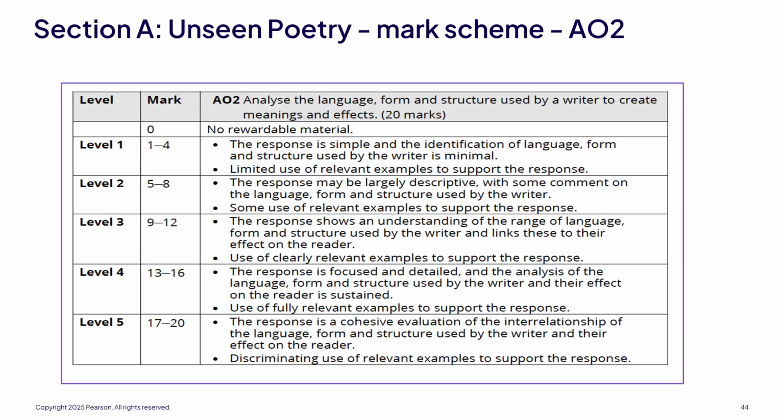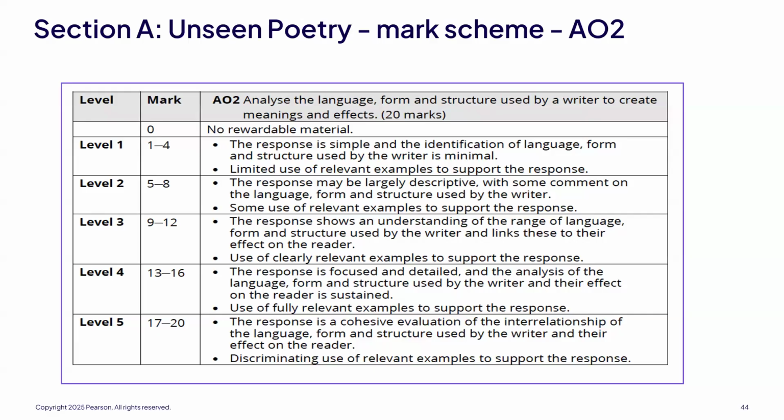If we look at the first bullet point, we can see how this moves up through the levels. Simple identification of language, form and structure is minimal in level 1. Level 2 is the descriptive response with some comment. Level 3 is an understanding of the range of language, form and structure, linked to the effect on the reader.